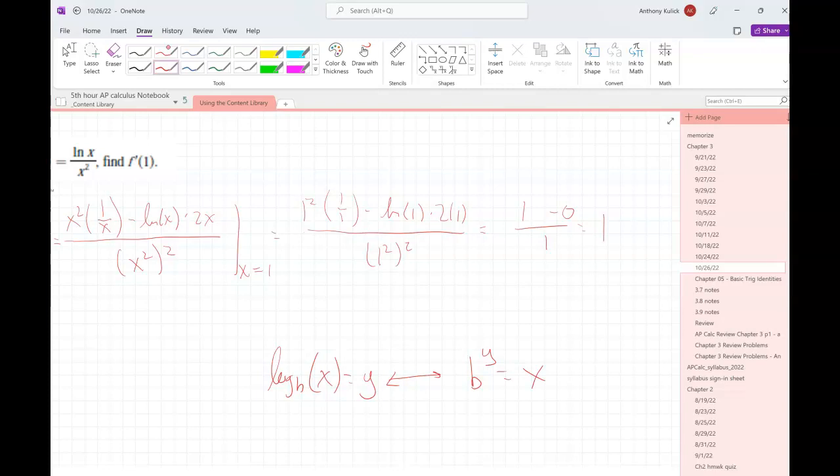If I have natural log of 1 equals y, that tells me e to the y should equal 1. What does y have to be? 0, right? Anything to the 0 power is 1. That's how I'm doing that in my head.